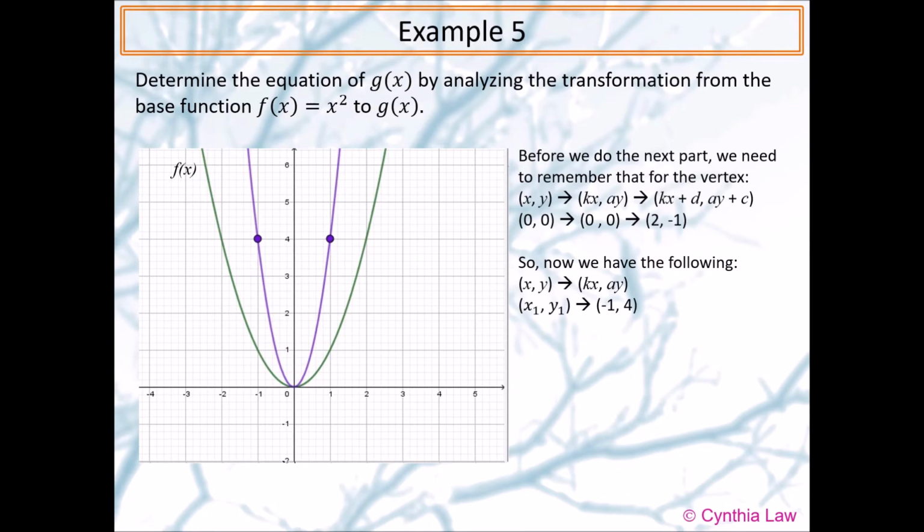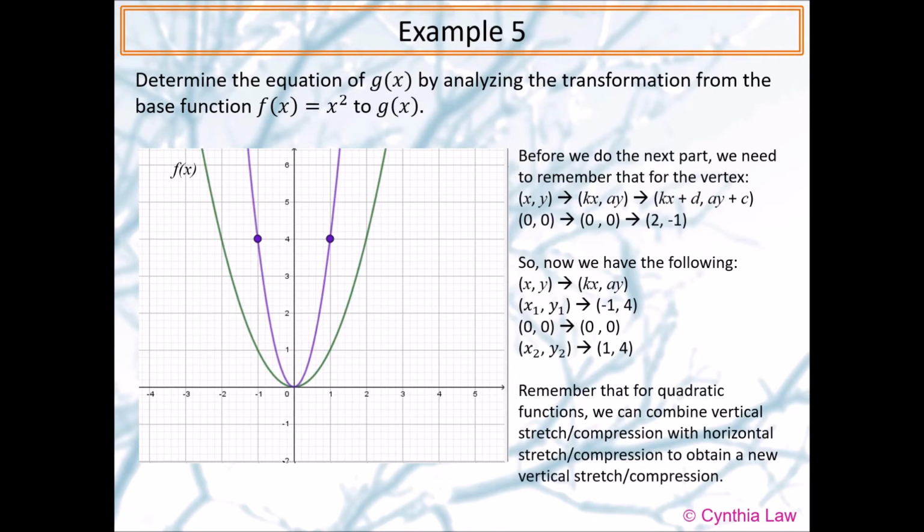What we know so far is that starting from the point x subscript 1, y subscript 1, we end up at the point -1, 4. Starting from the vertex 0, 0, we end up at 0, 0. If we started from the point x subscript 2, y subscript 2, we end up at 1, 4.